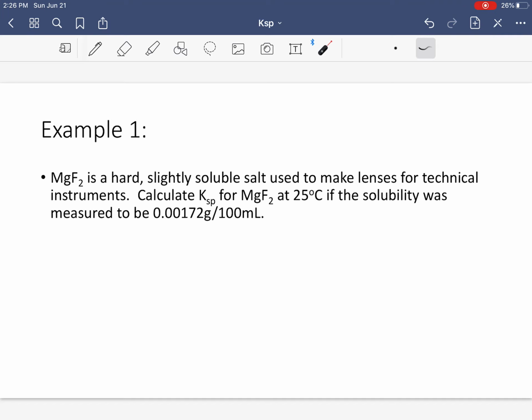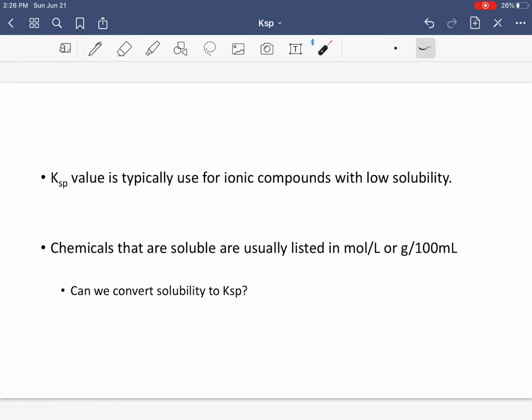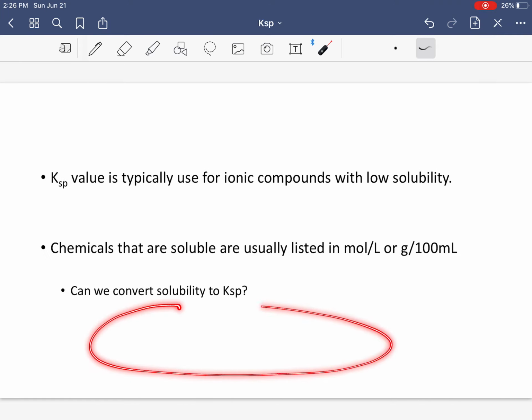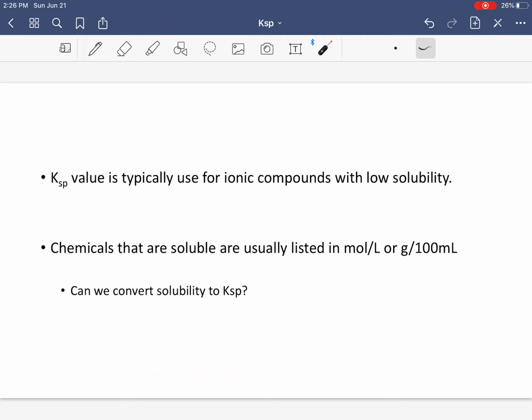Okay. Now, before we begin, I want to go back here, and I want to prove something. I want to tell you how to write a Ksp expression. So I have, let's say, copper 2 chloride. Okay.